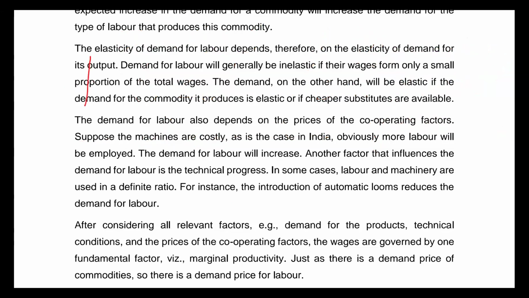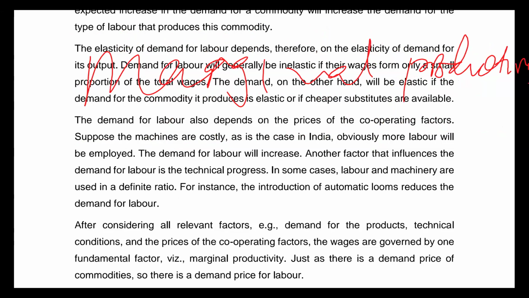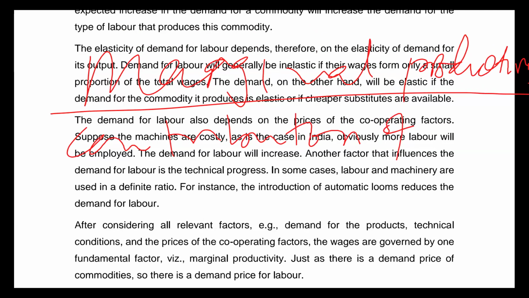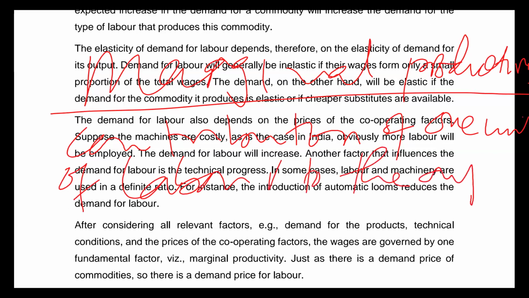And what do we mean by marginal productivity? Marginal productivity refers to the contribution of one unit of labor to the output. The additional contribution of an additional unit of labor to the output.